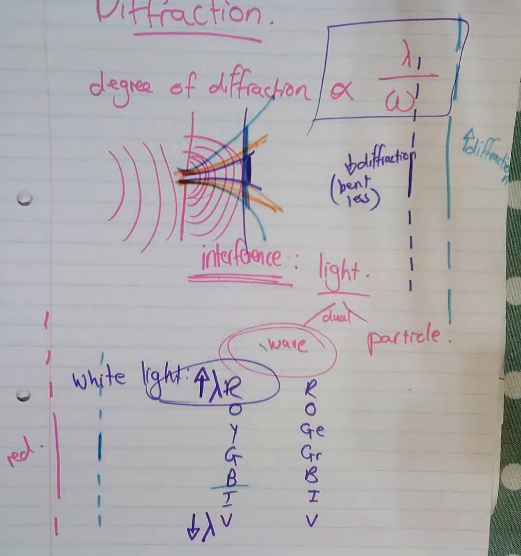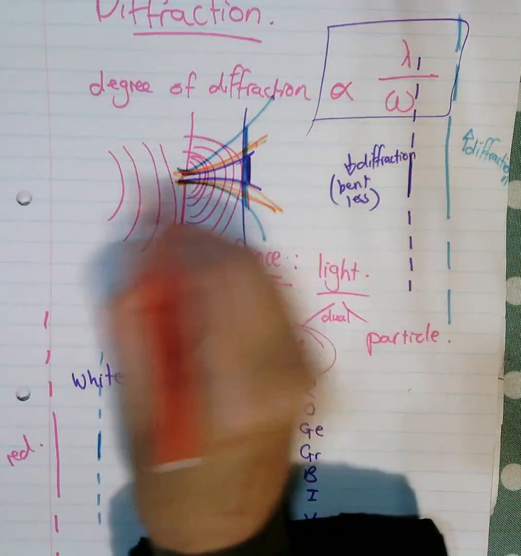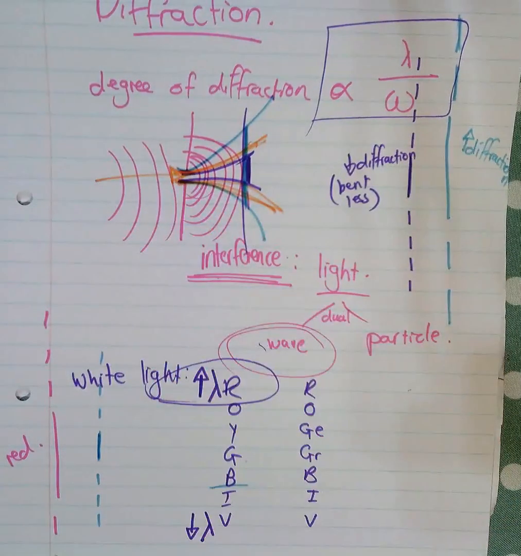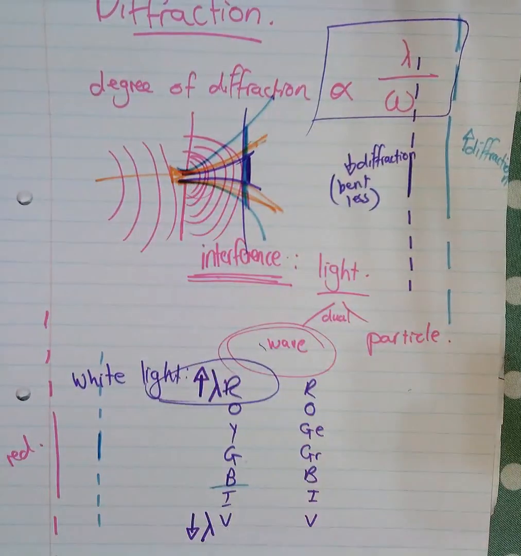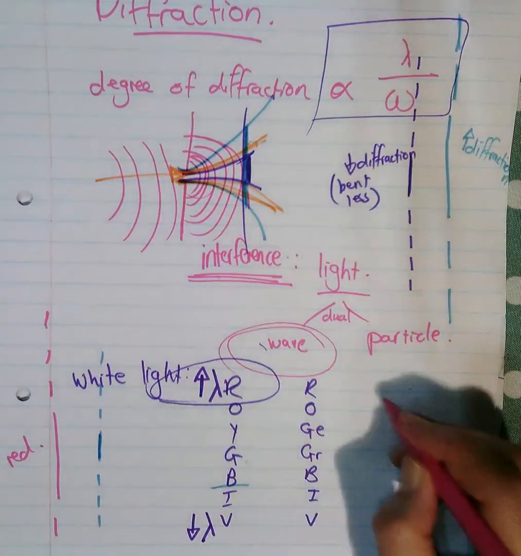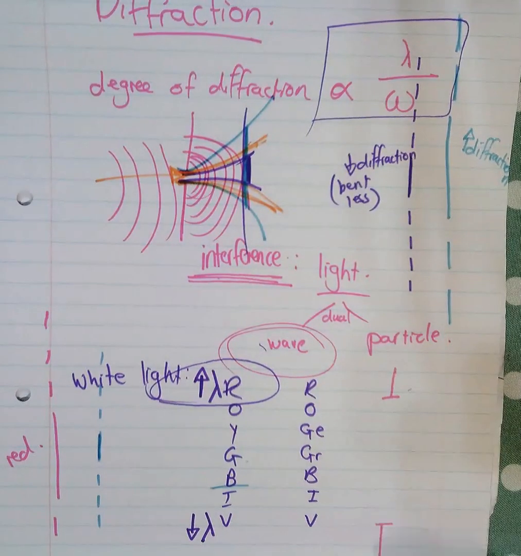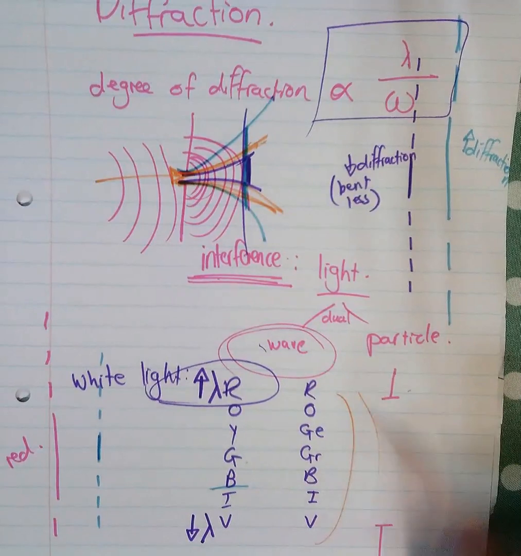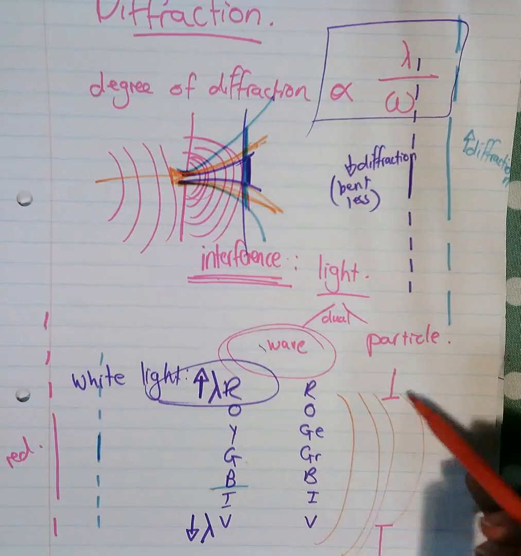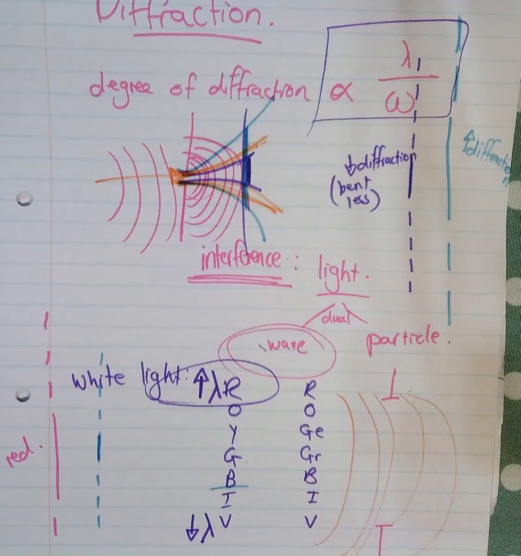The width of the slit means this little aperture opening that the wave has to move through. So if it has a huge, big opening, then a certain wave that needs to travel through it doesn't really need to bend a lot to move through it.